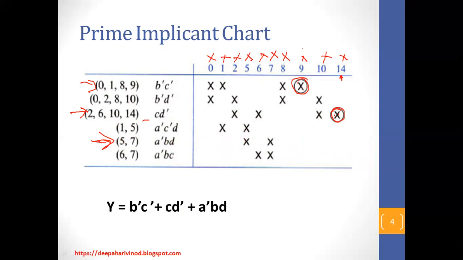In this way, what will be the final simplified form? That is B bar D bar, C bar, C D bar, A bar B D. That will be the final simplified form.